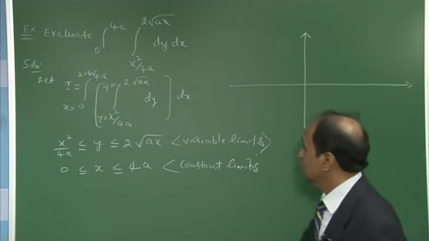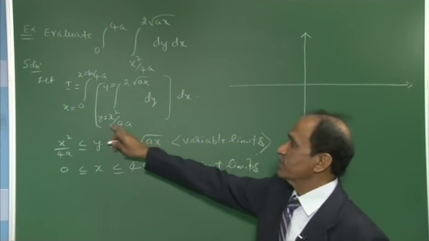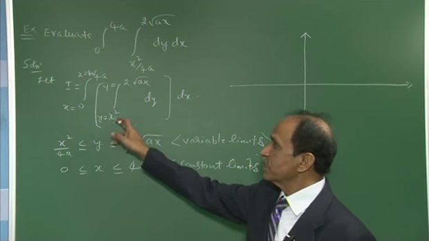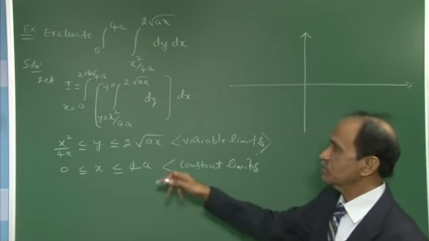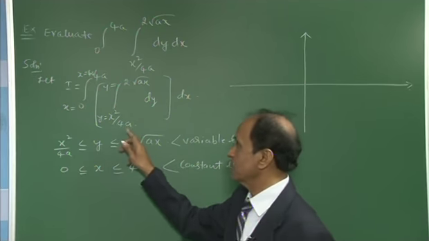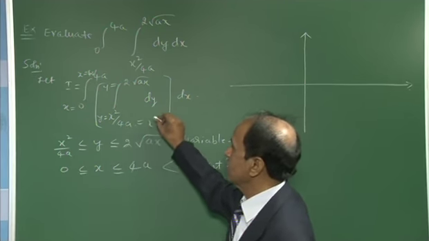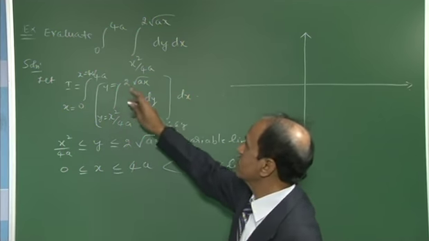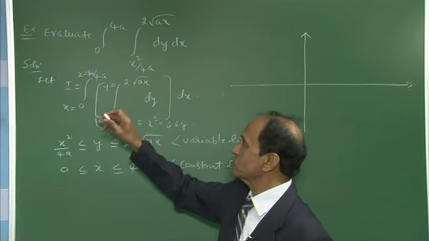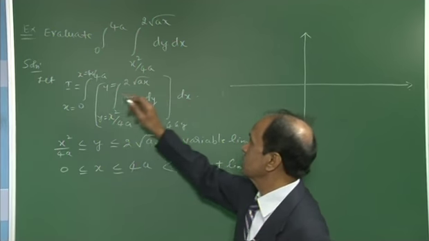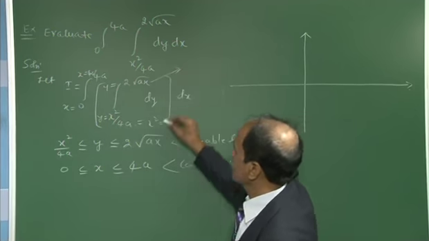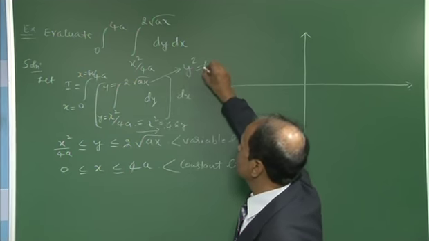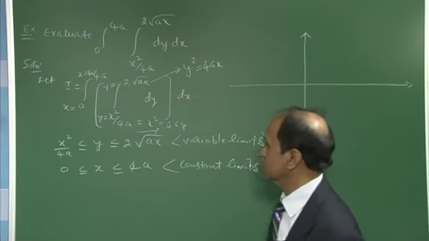Fine. The first lower limit is x square by 4a. What is the rearrangement of this equation? Rearrangement of this equation, y equal to this one, gives x square equal to 4ay. And in this one, to remove the square root sign, squaring on both sides, this gives y square is equal to 4ax.